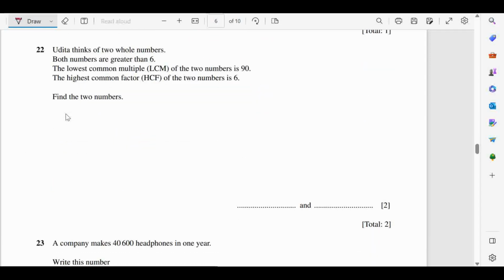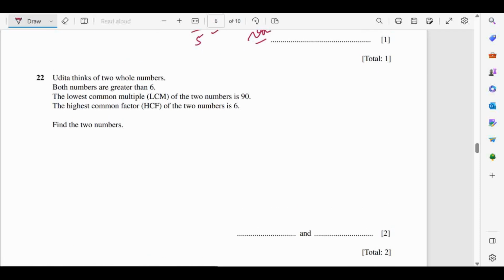Let's move to question number 22. Aditya thinks of two whole numbers. So let's say the first number is x1 and the other number is x2. Both numbers are greater than 6, so let's say they are 6 into y1 and 6 into y2.